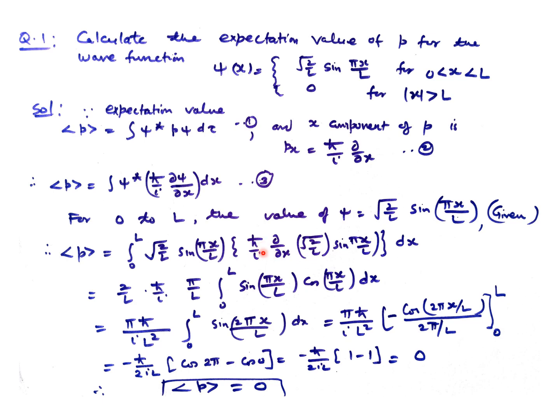Then ħ/i ∂/∂x of psi, under root 2 by L sin(pi x by L), gives sin(pi x by L) into the differentiation, cos(pi x by L), and also a term pi by L, and under root 2 by L times under root 2 by L gives 2 by L. Finally we integrate: sin x cos x we can write as sin 2x over 2, so similarly sin(2 pi x by L) here, and we integrate this function, giving minus cos(2 pi x by L) with a factor 2 pi by L. If we put the limits, finally we get cos 2 pi minus cos 0, and cos 2 pi is 1 and cos 0 is 1, so 1 minus 1 is 0. So the expectation value of P equals 0.